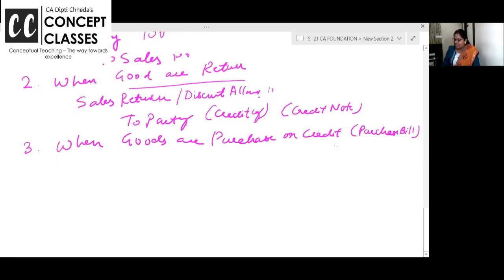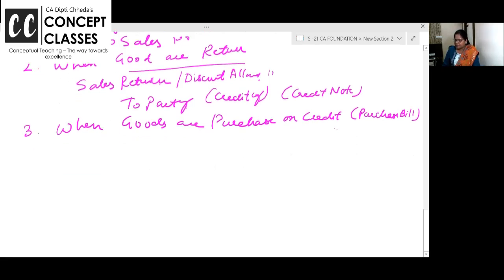When goods are purchased on credit, purchase bill. What will be the entry? Purchase account debit to party. You purchase the goods.